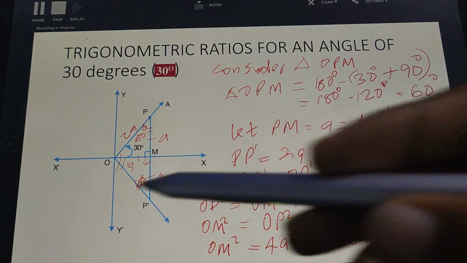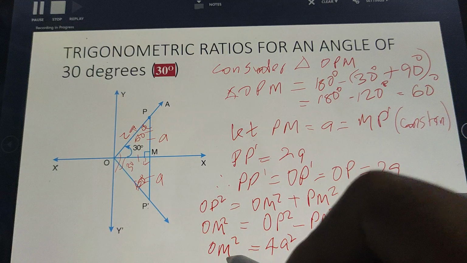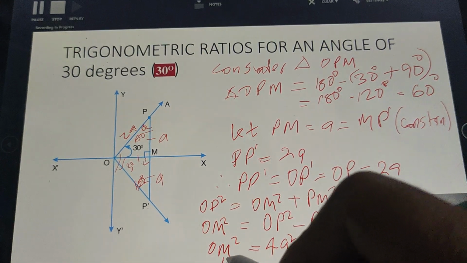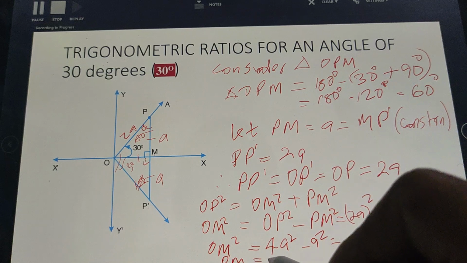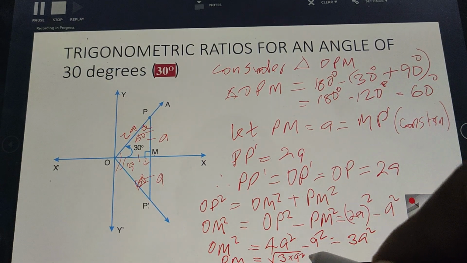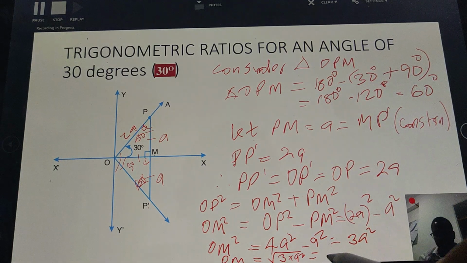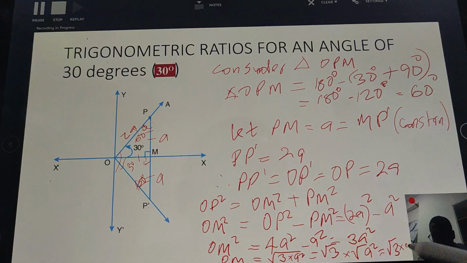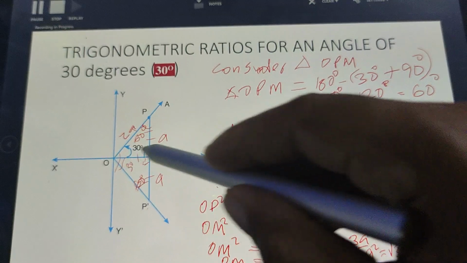If we take the square root both sides, OM will be equal to square root of 3 times A squared. If we further simplify that, it will be root 3 times root A squared, and root A squared is the same as to say A. So root 3 times A is OM.